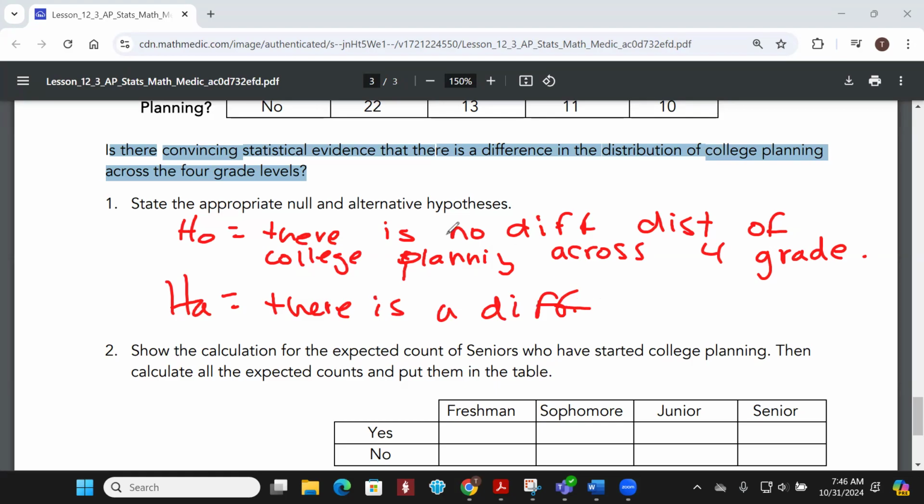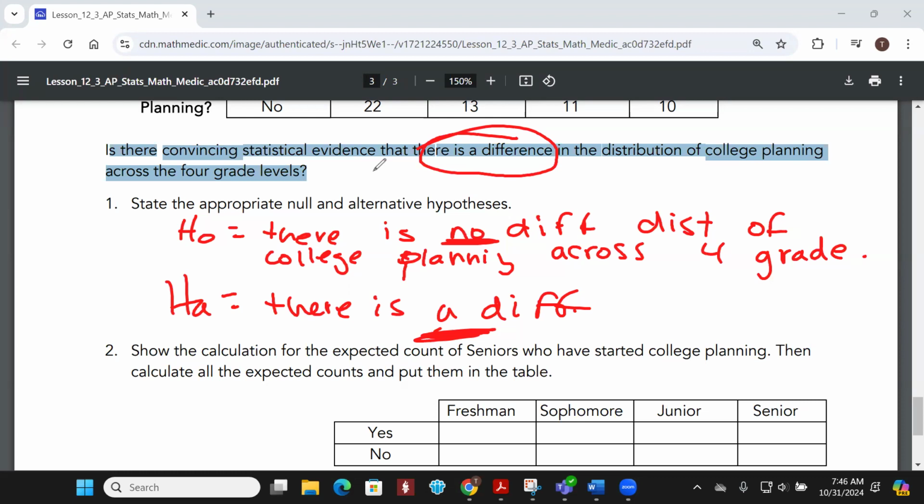Why do we put no difference here and a difference here? Right, H0 is always what our claim is. Pay attention to it.